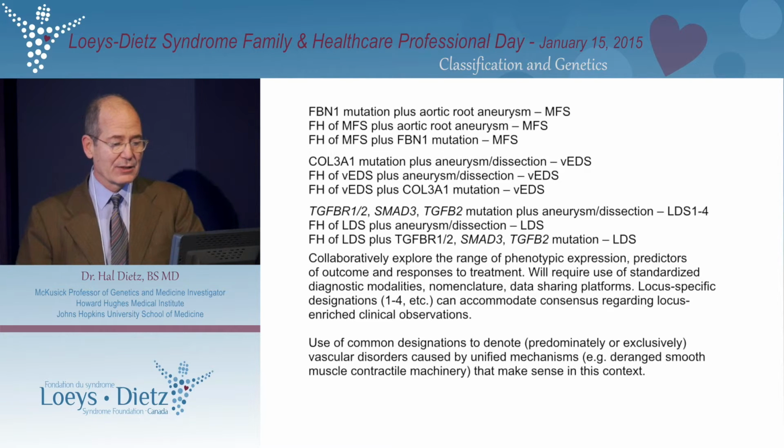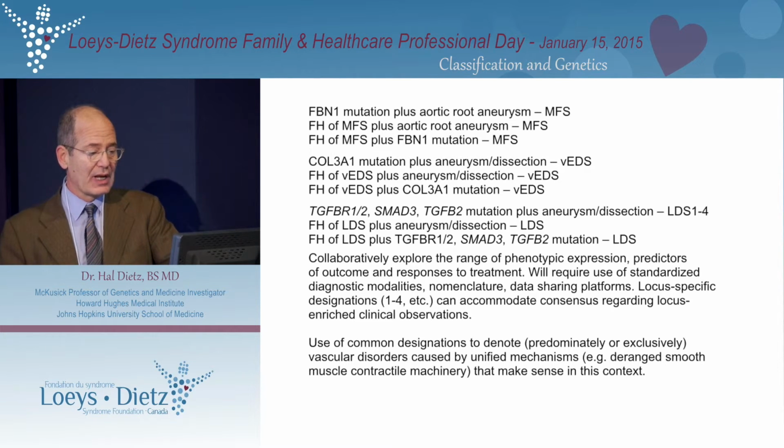They do predict what can happen later in your life or in the lives of your family members, but use locus-specific designations. For one gene, we'll use the designator 1, for the second gene 2, 3, 4, et cetera. And in that way, as we learn that there are differences between the conditions caused by one gene or another, we can fold them into the specific descriptors for that specific form.